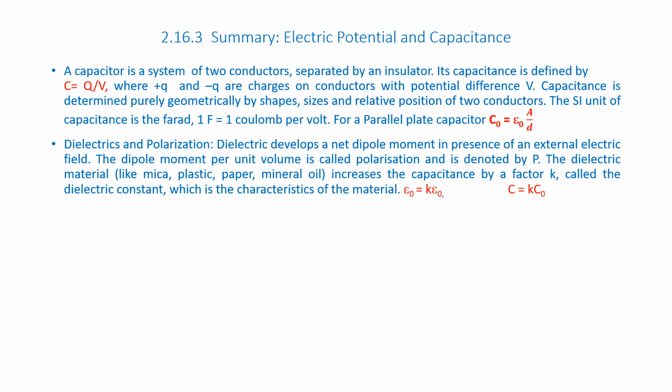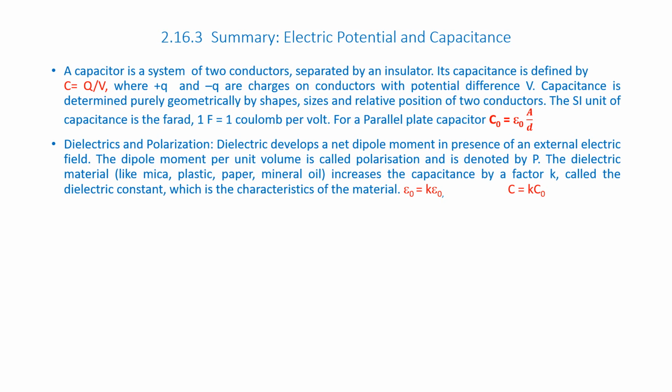When we insert this dielectric material, it develops a dipole moment in the presence of an external electric field. This dipole moment is called polarization. The dipole moment per unit volume is called polarization, and it is denoted by a capital P.